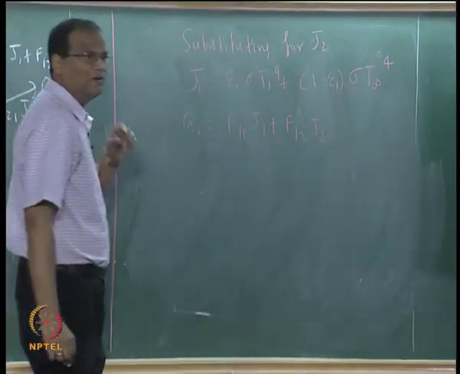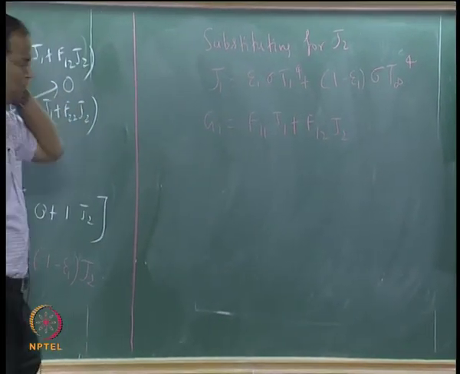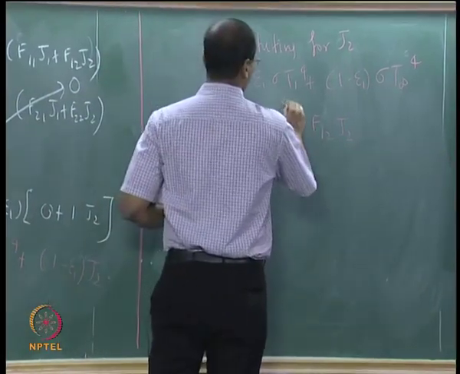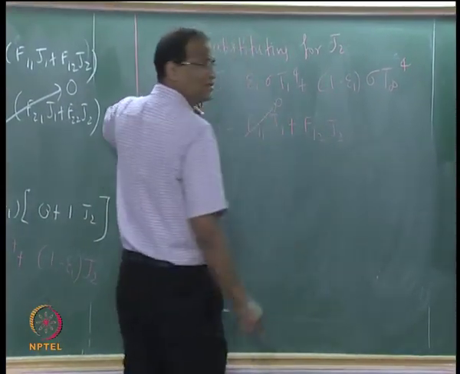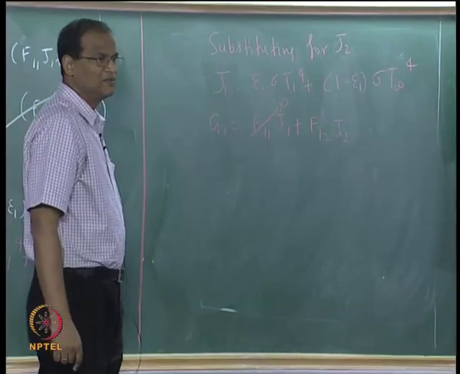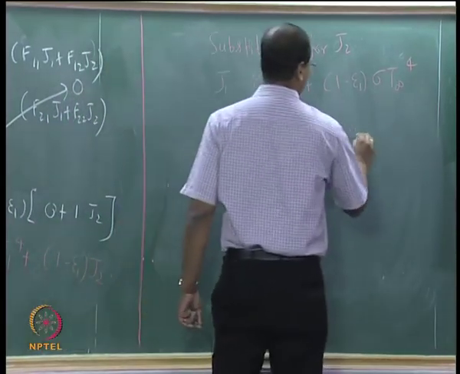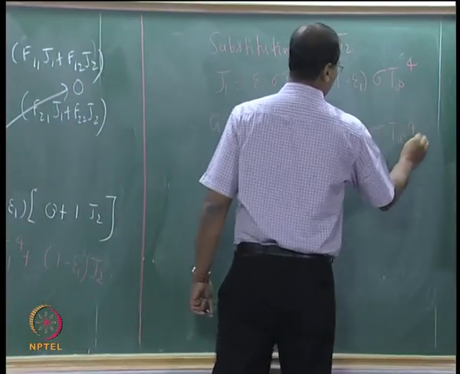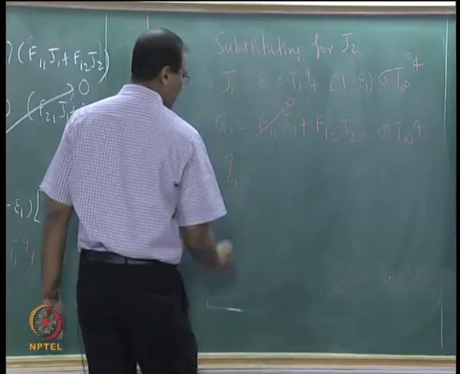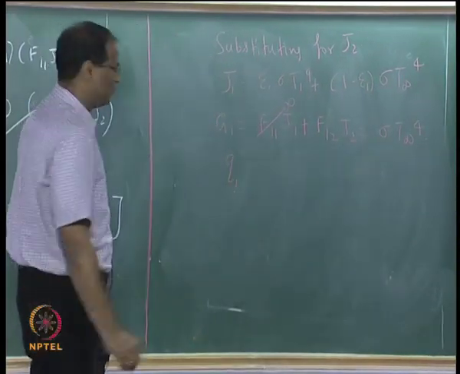What is F11? 0. F12 1. J2 is sigma T infinity to the power 4. What is Q1? J1 minus G1.